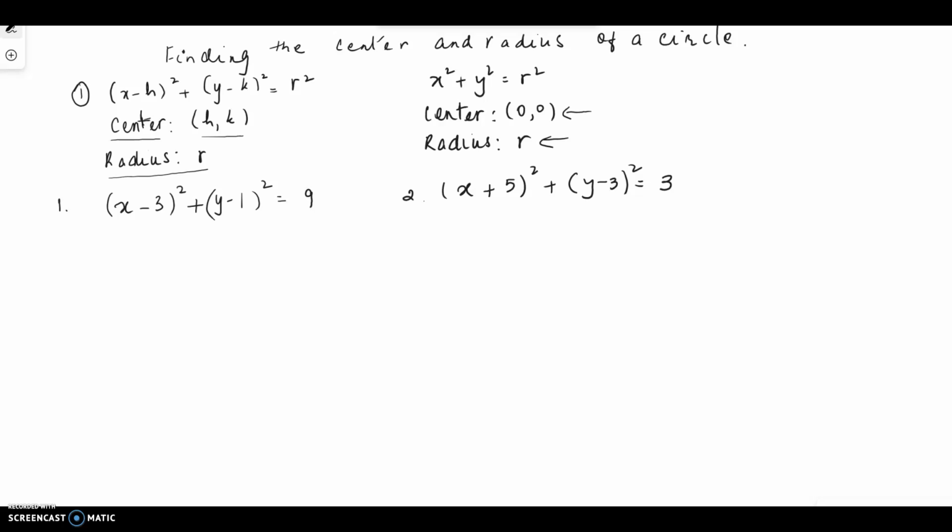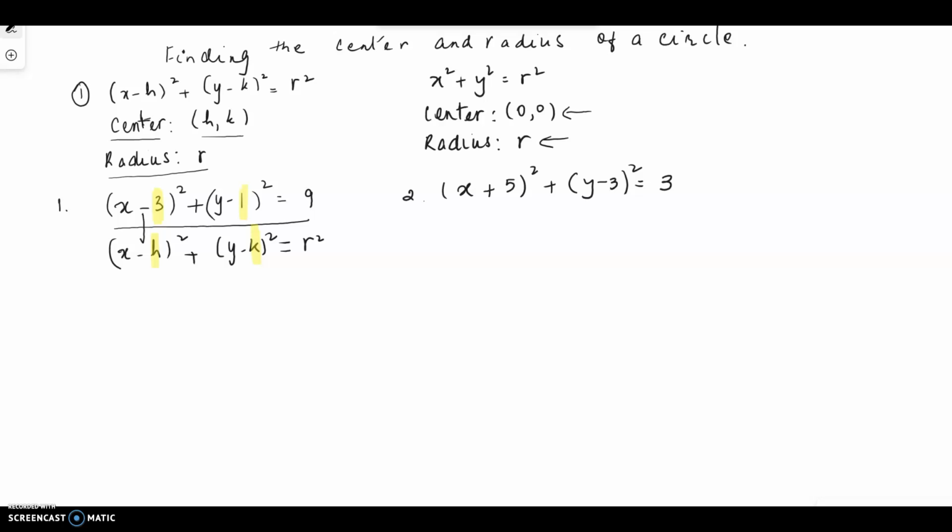So first we recognize that this is an equation of a circle. We compare it to the standard form, which is (x − h)² + (y − k)² = r². So the patterns match. And now we look at h and 3, k and 1, because everything else matches.